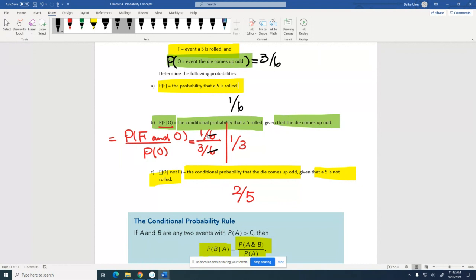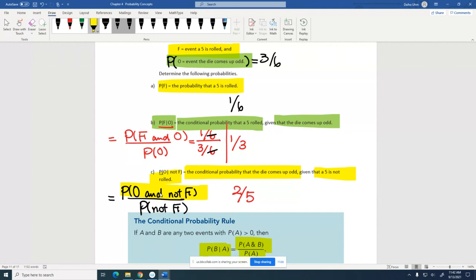Let me apply the conditional probability one more time. By the conditional probability, the joint probability of O and not F, over the given part, which is not F, not 5. Please think separately, okay?